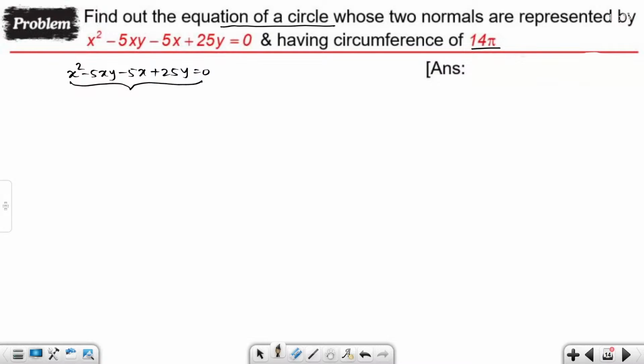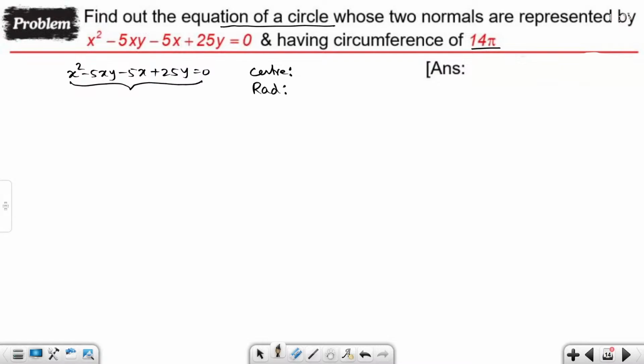Now we all know that to find out the equation of a circle, we need two things. Again and again I have said this: for any circle, to find out its equation, you need two things. One is its center. Find out its center, and then find out its radius.